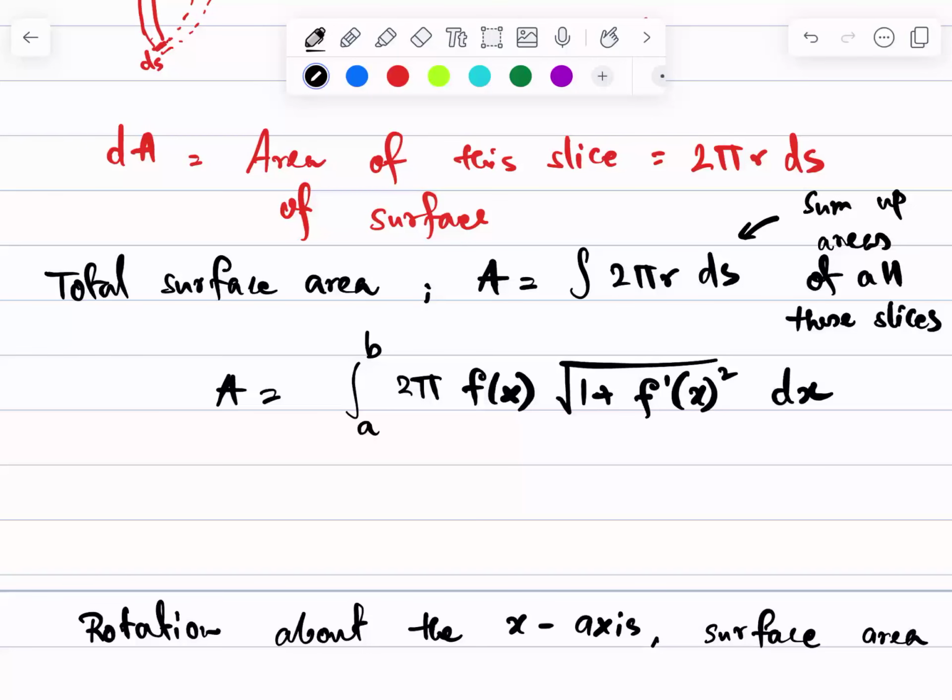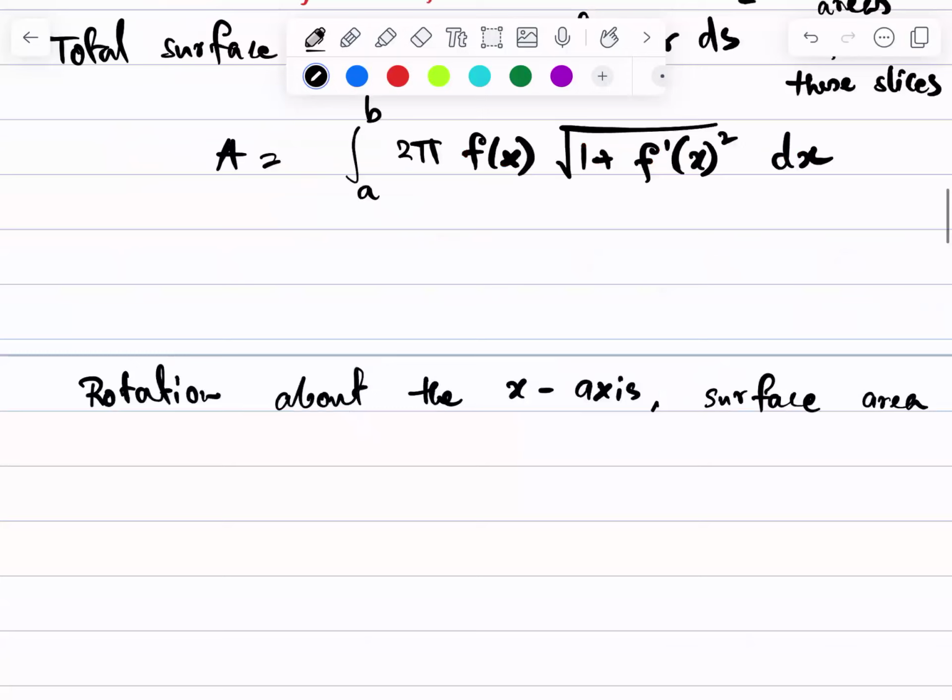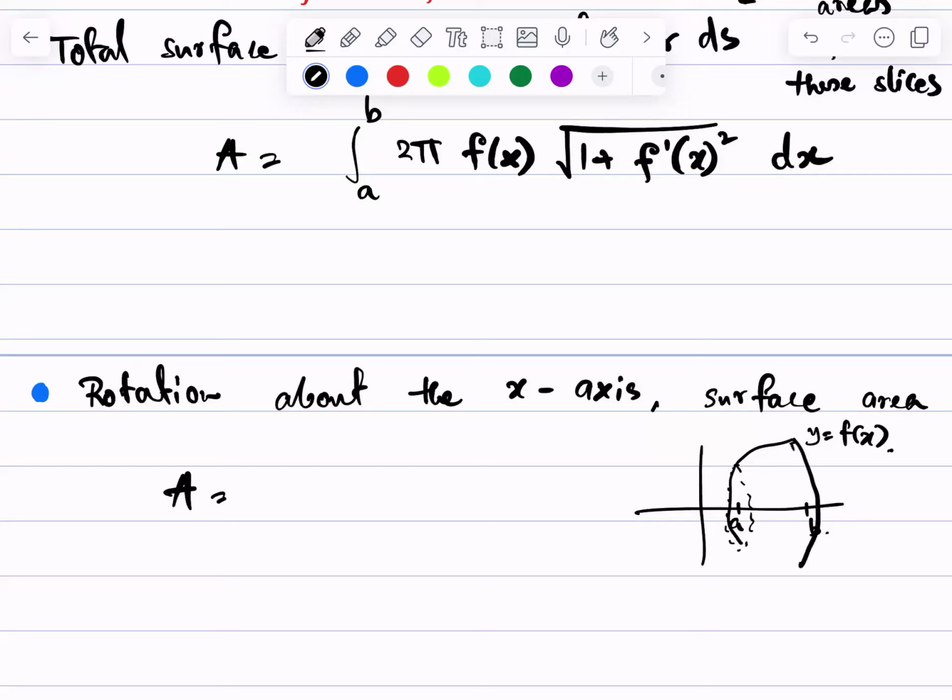Okay, so now the next thing will be, what if I rotate about the x-axis, then how will the surface area formula look? If I say I have the curve, say this is y equal to f(x), and I'm rotating around the x-axis, then the region will look like this.